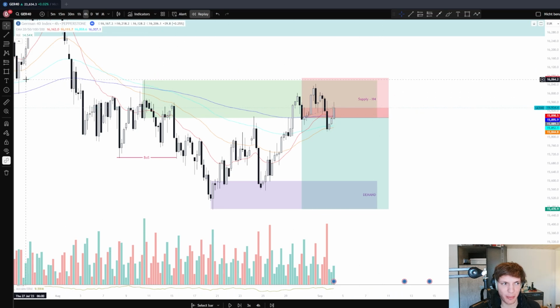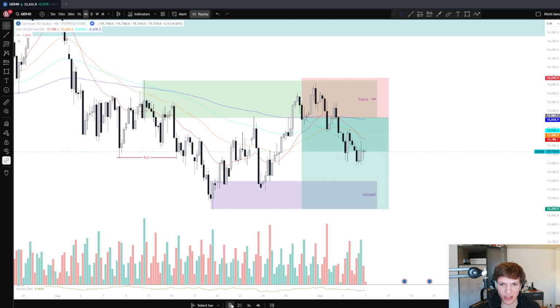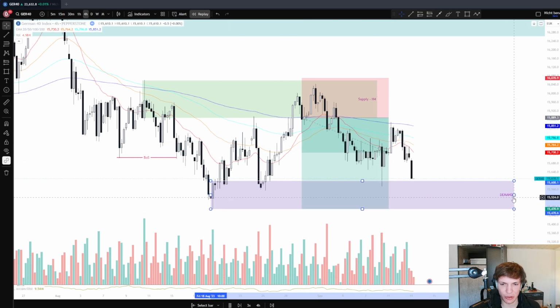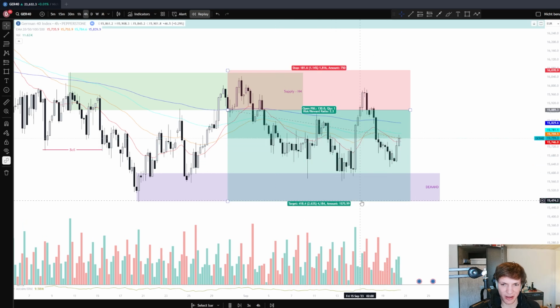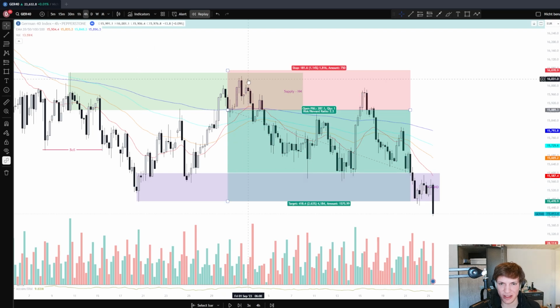If we would have moved above this level up here, we would have seen a break of structure, and this low would not be a weak low, but it would be a strong low because it pushed us into a new high. If we keep playing though, we see that the market eventually moves down and we dive into the demand zone again. We see the market comes up again and eventually we hit our demand zone again, because this zone was weak because it didn't move us into a new high.